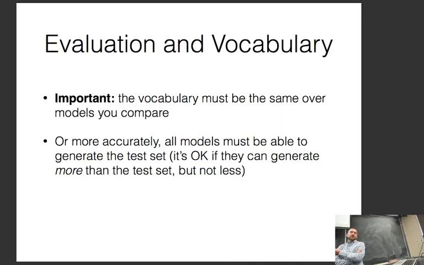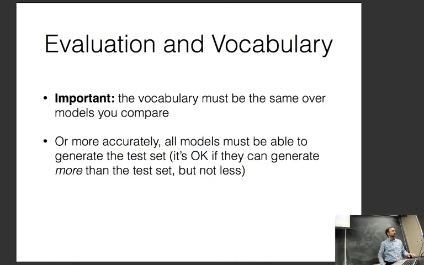The character-based model might be able to generate more words, but as long as the word-based model is able to generate everything in the test set, it's okay to compare between them. But in general, you are comparing word-based models with word-based models, so then you just need to make the vocabulary the same.